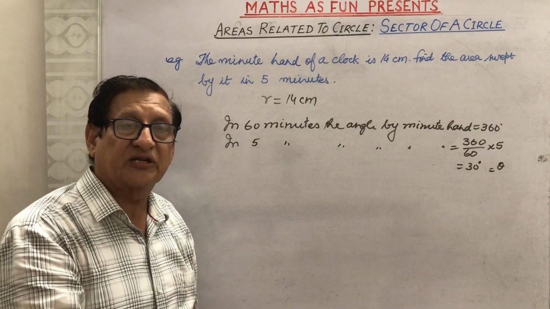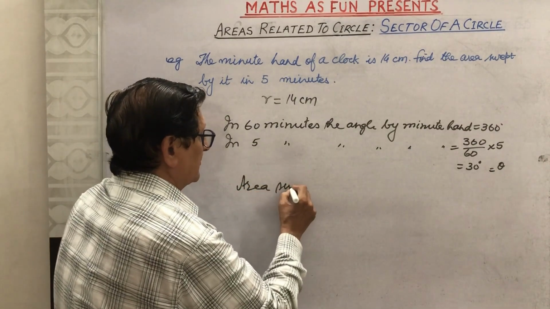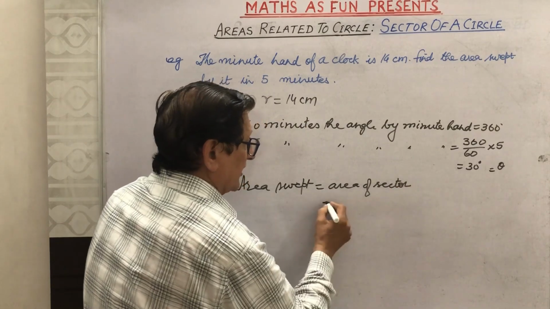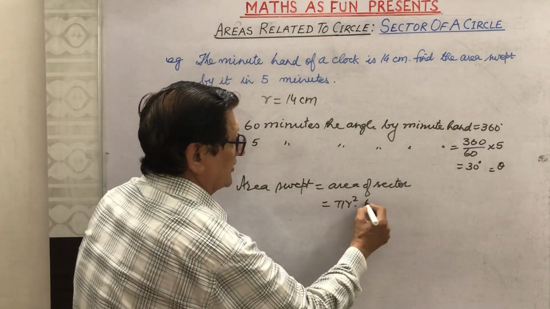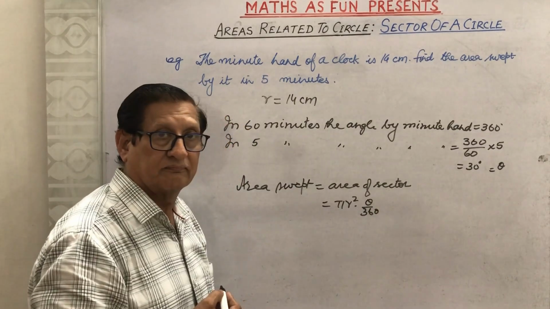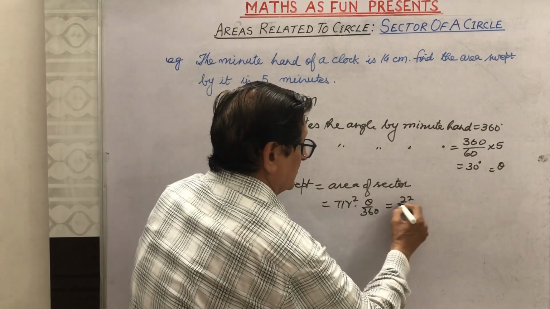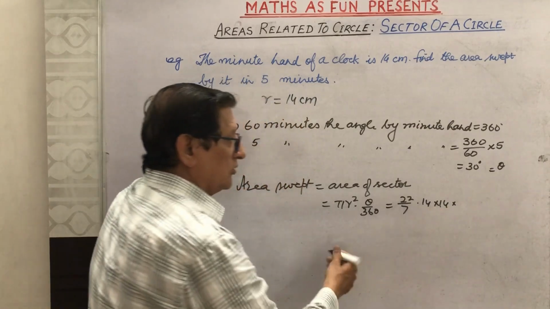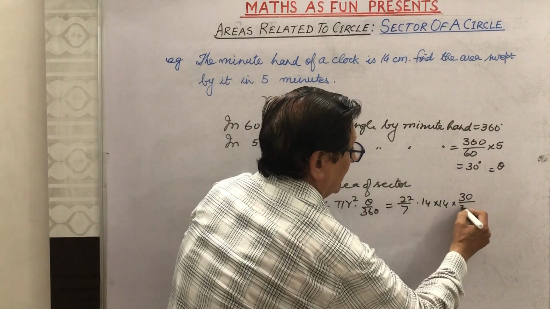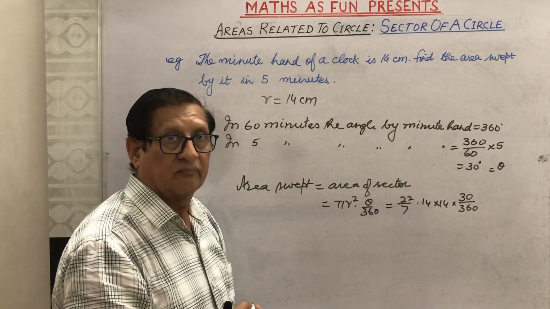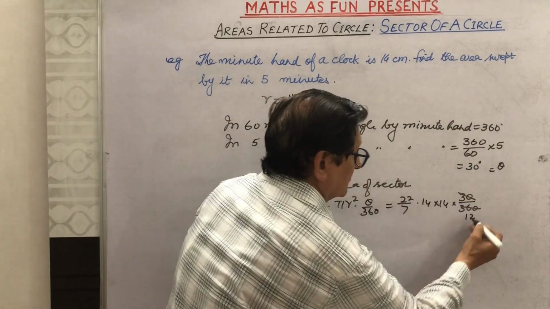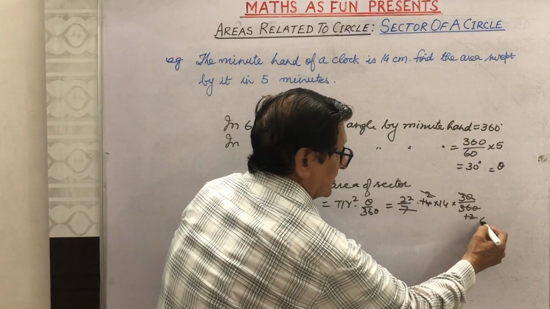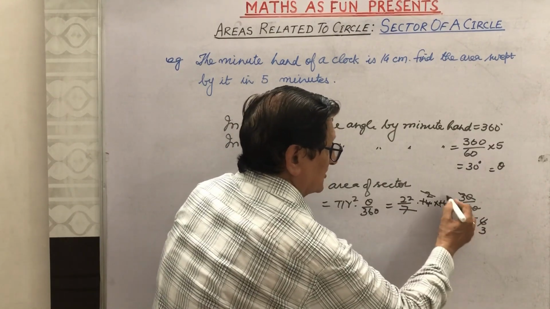Now we know how to find the area of the sector. The area swept will be equal to the area of the sector, which is given by pi r square into theta upon 360. That is equal to 22 by 7 into 14 into 14 into 30 divided by 360. 30 cancels this 12 times, 7 cancels this 2 times, 2 into 6, 2 3 is 6, 2 7 is 14.